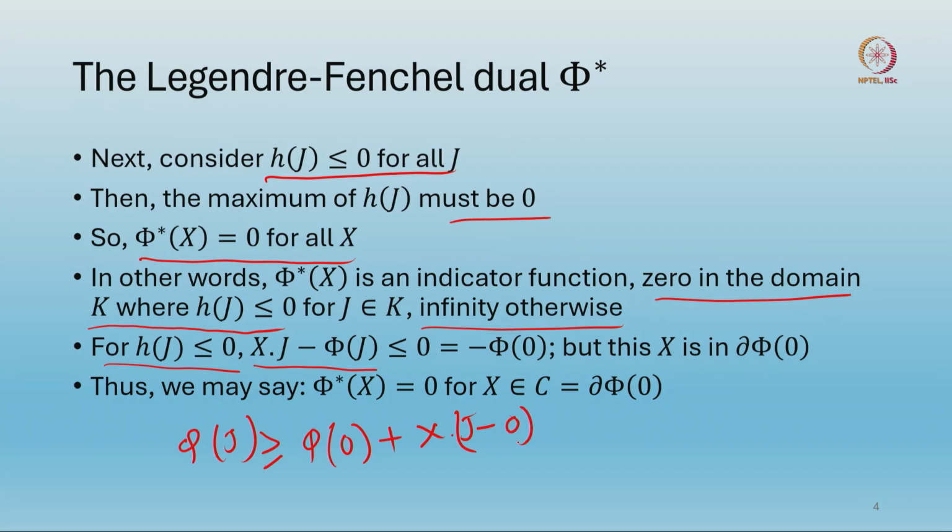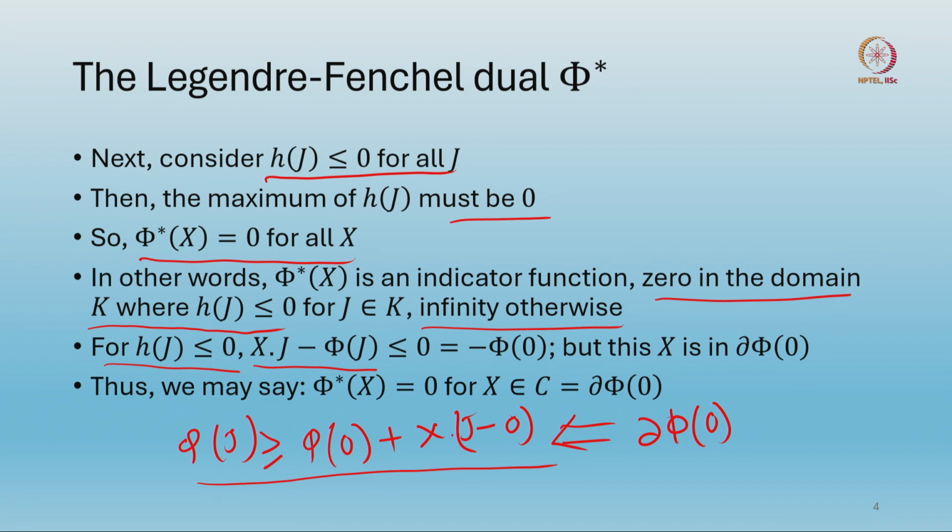So, essentially what you see here is that this h of j less than or equal to 0 can be written in this manner, but this is nothing but the definition of the subdifferential. If you recall the definition of the subdifferential of phi at j equal to 0, that is a very important point.